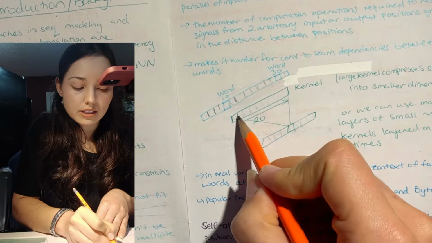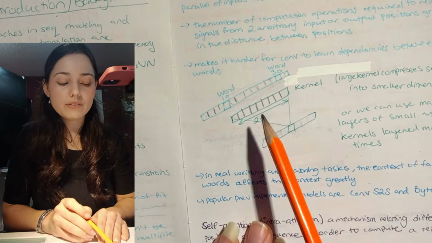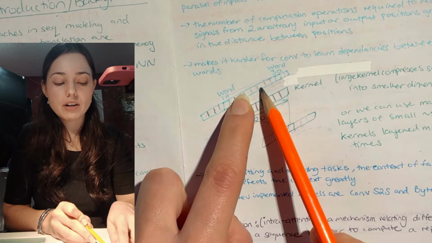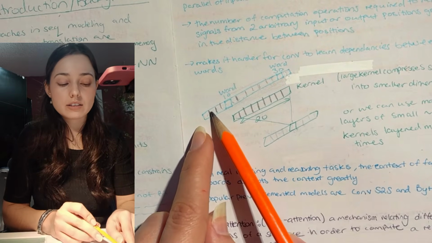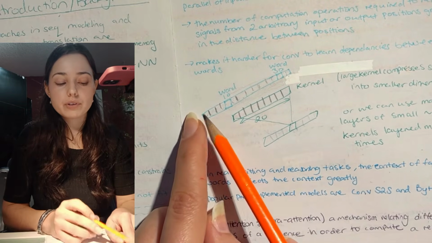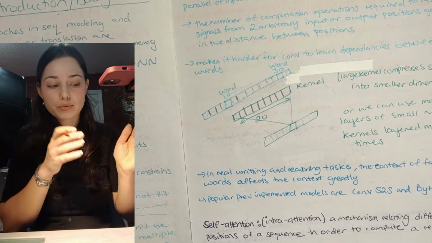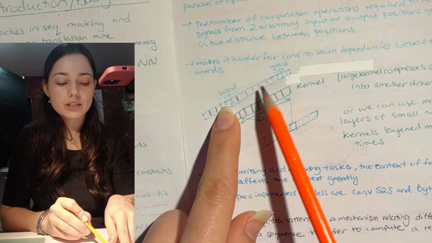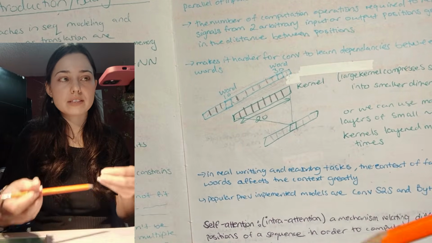But if you have a small kernel of like length 3 and slide it across and convolve it, in that case it can preserve more of the context, because now we're only averaging between the word before it, the current word, and the word after it. But then word 10 and 30 don't interact unless we have many, many layers of this small kernel.